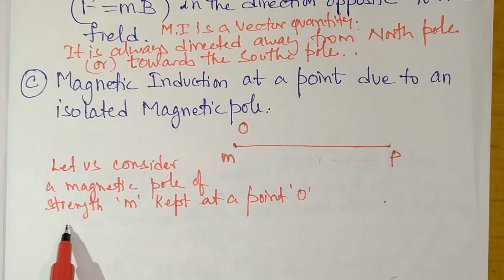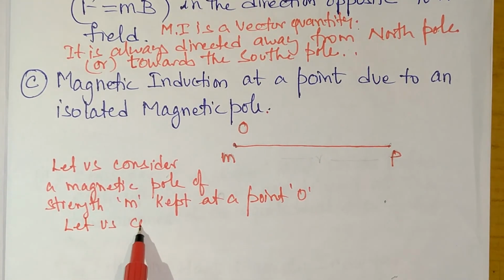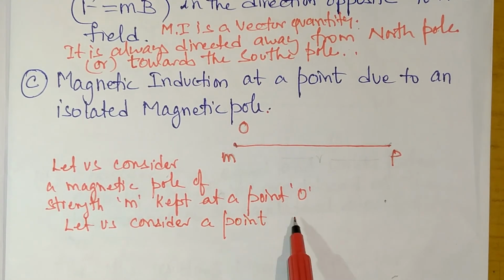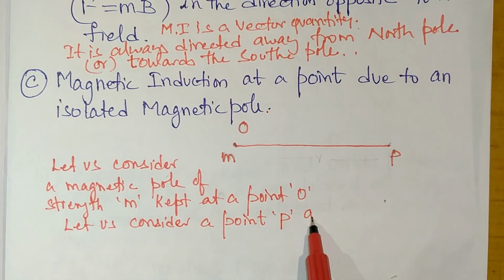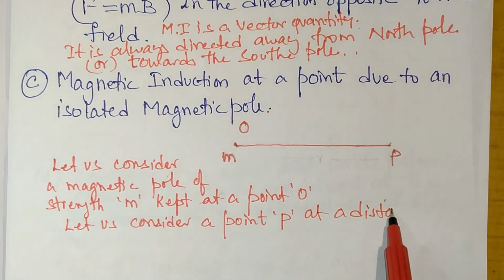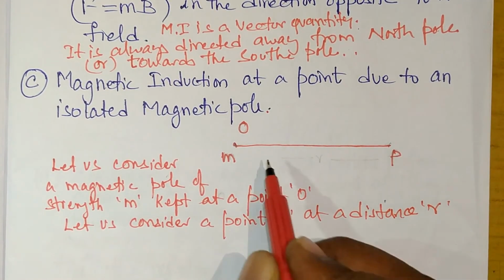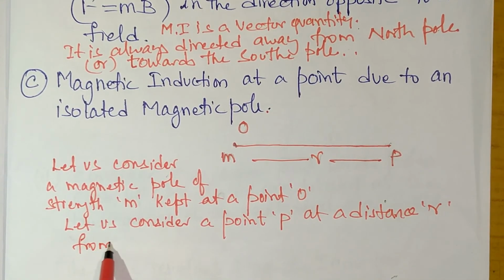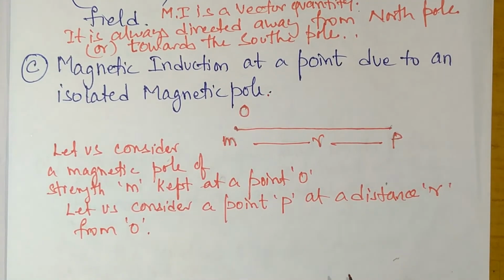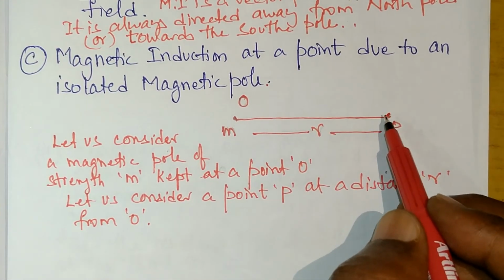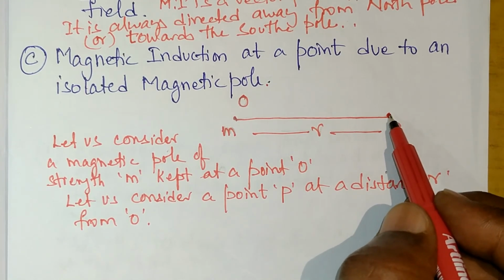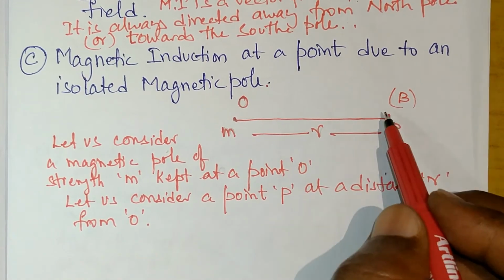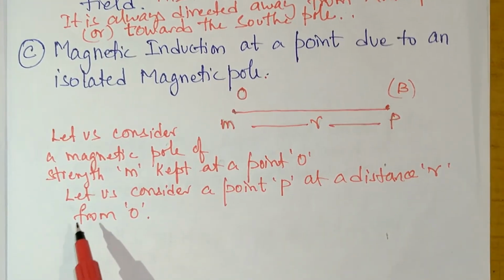Let us consider a point P at a distance R from O. Now, to find the magnetic induction at this point P due to the isolated magnetic pole, I will write it.